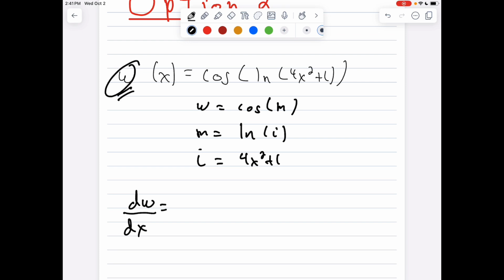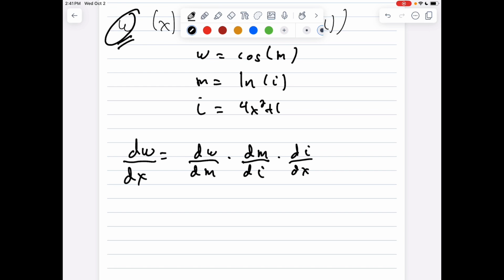To get from W to X, first of all, you have to get from W to M, so dW dM, and then M relies on I, so you take the derivative of M with respect to I, and then finally I to X. Notice that if you think of these expressions as fractions for a second, the dI and the dM cancel, and all you have left is dw dx. So it tells you if your order is correct or not.